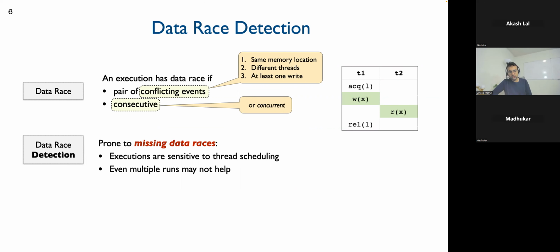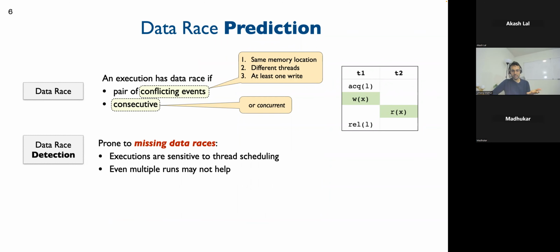That's because concurrent programs are sensitive to thread scheduling, and you may not get the interleaving or the execution that you're looking for. But not all hope is lost, because there are certain techniques that you can use to increase the coverage of this simplistic algorithm.